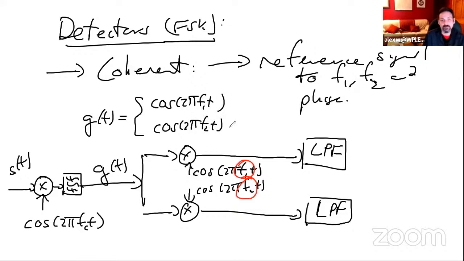So what happens if we do this process? Suppose I set this guy, just for example. What happens if I multiply cos and cos? Well, that's great, because then we apply the trig identity.